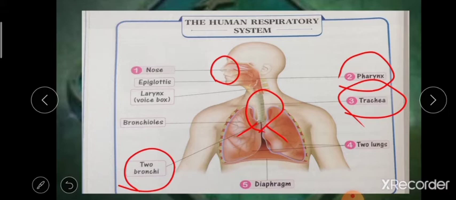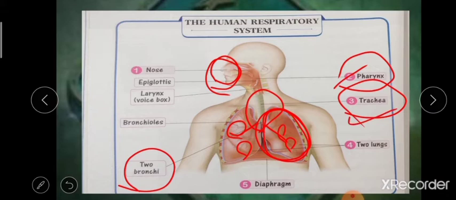Each bronchus is divided into small bronchioles, and these bronchioles are inside the lungs. So the respiratory system consists of the nose, pharynx, trachea, lungs.